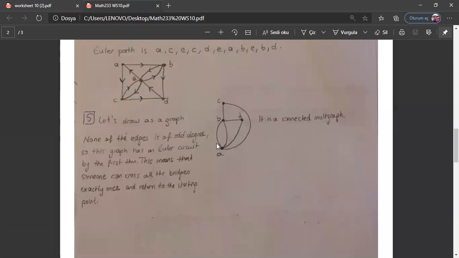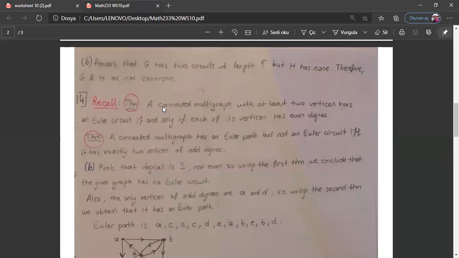We see A has 4 edges, so its degree is 4. The degree of D is 2, the degree of C is 2, and the degree of B is 4. So each of them has even degree. It's also connected, and I should have said that before, because if it's not connected, then we cannot apply the theorem.